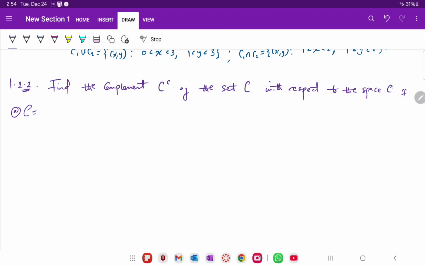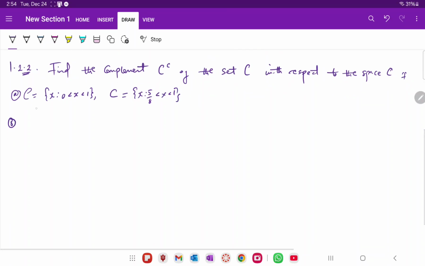the space equals x such that 0 < x < 1, and our C equals x such that 5/8 < x < 1.